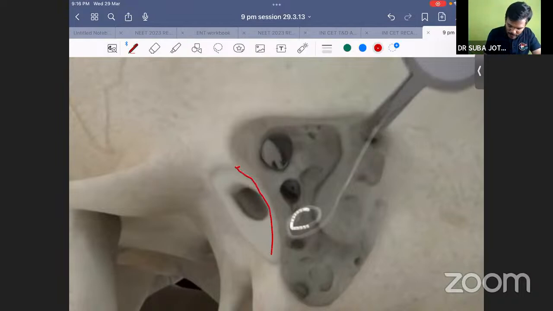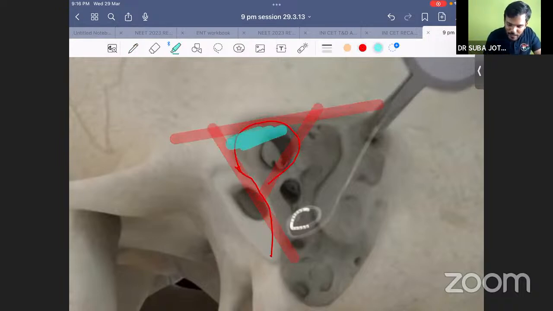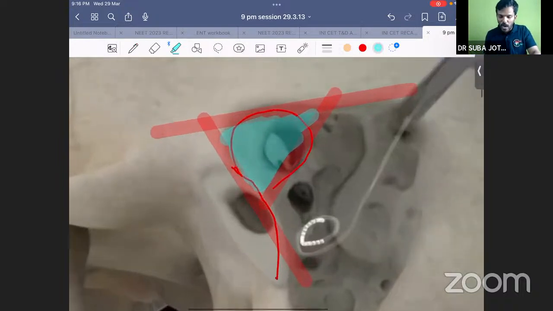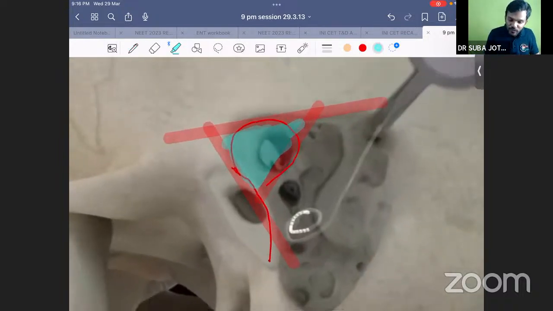See, can you see here? This is the posterior canal wall. This is an area adjacent to the posterior canal wall. Again, I'm going to draw the line over the zygoma, line over the posterior canal wall. This area, can you look at this particular area? This is the McEwen's triangle. Okay, but the one that is very inferior over here, see here, this area is the facial recess.